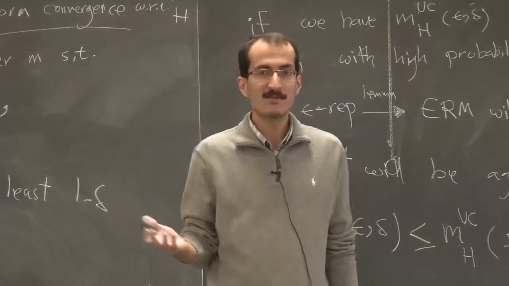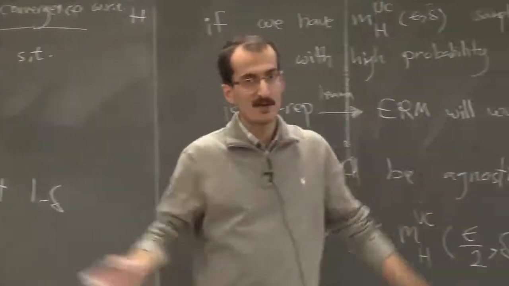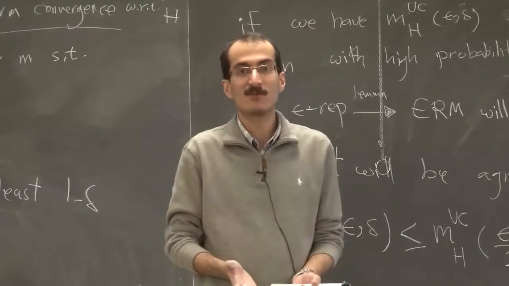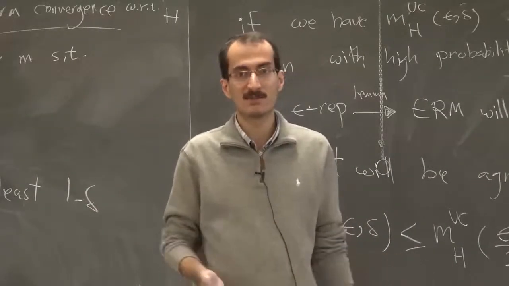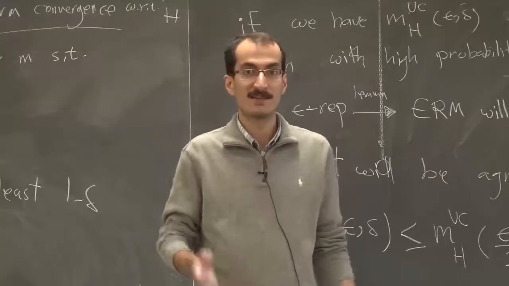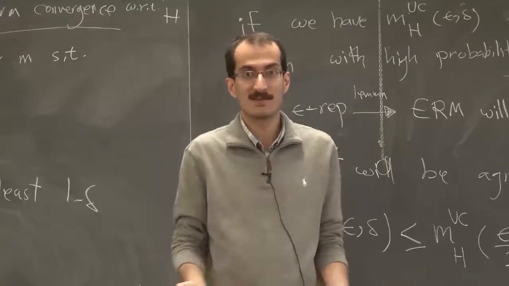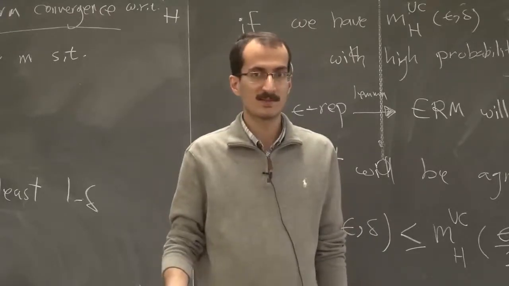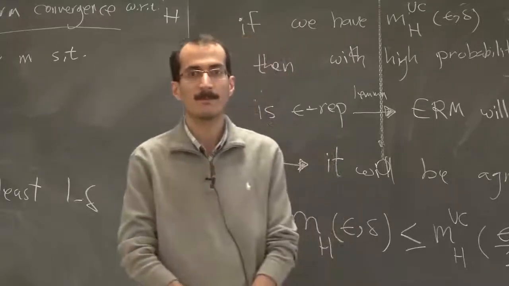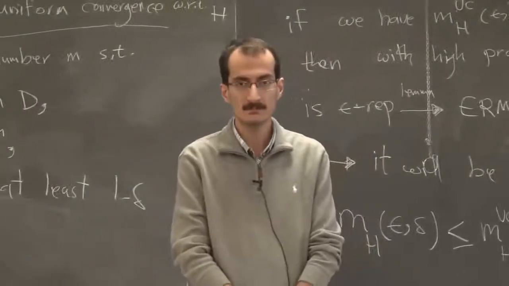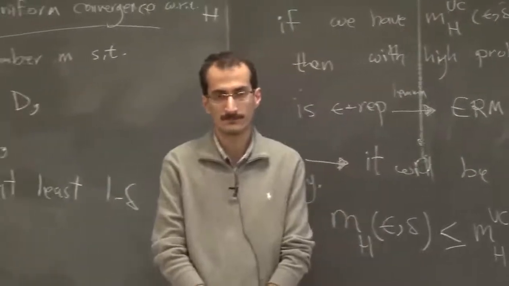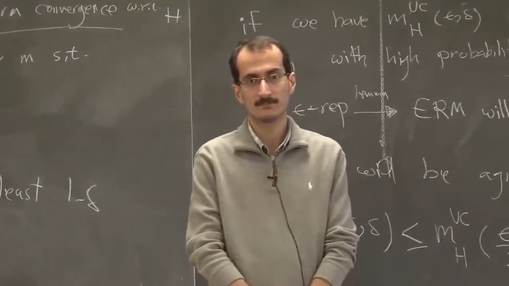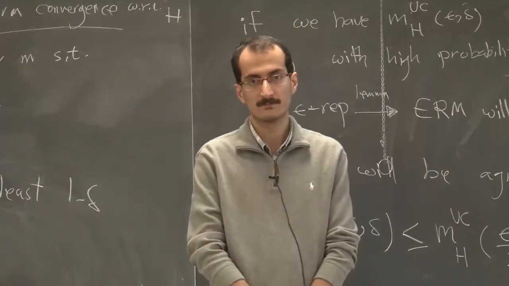So if we can bound this step and bound that step in a good way, then it shows that we could actually find an epsilon representative, and there exists such a representative sample. For instance, for the coin flip, we proved that if the best function has error of 1/2, we can't find a sample which is a quarter representative for that function.